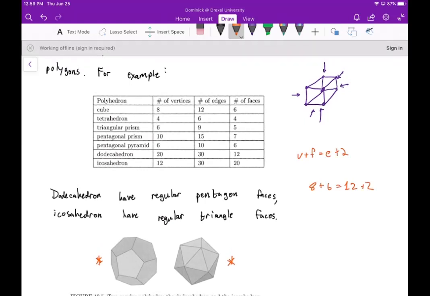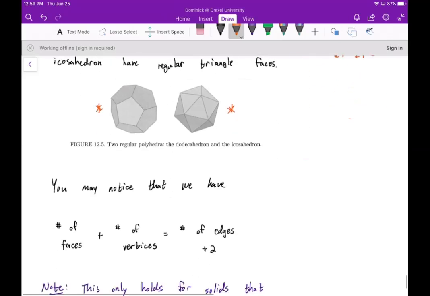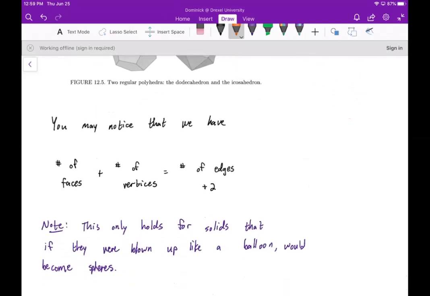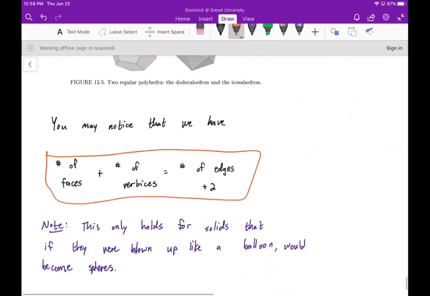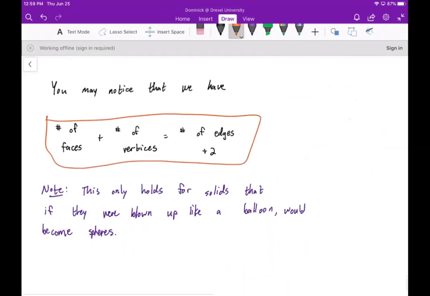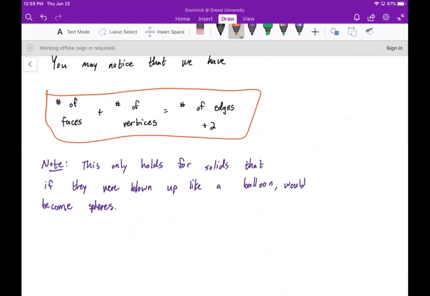So we get 14 is equal to 14. And of course, that happens every single time. So we, of course, have that the number of faces plus the number of vertices is the number of edges plus 2.